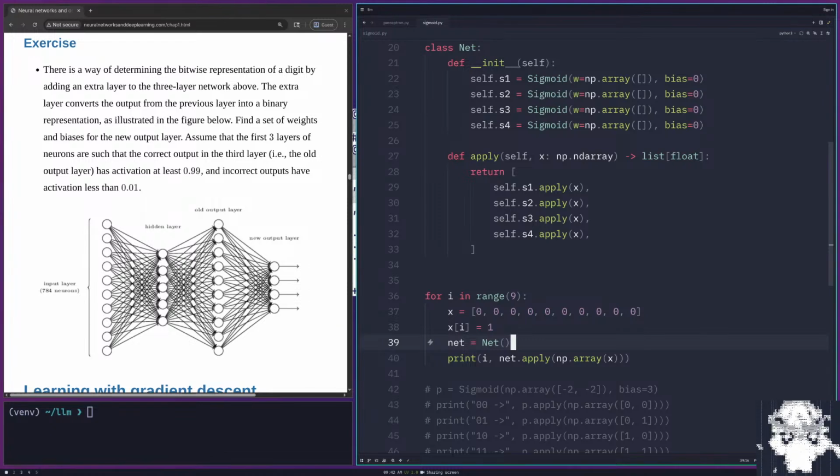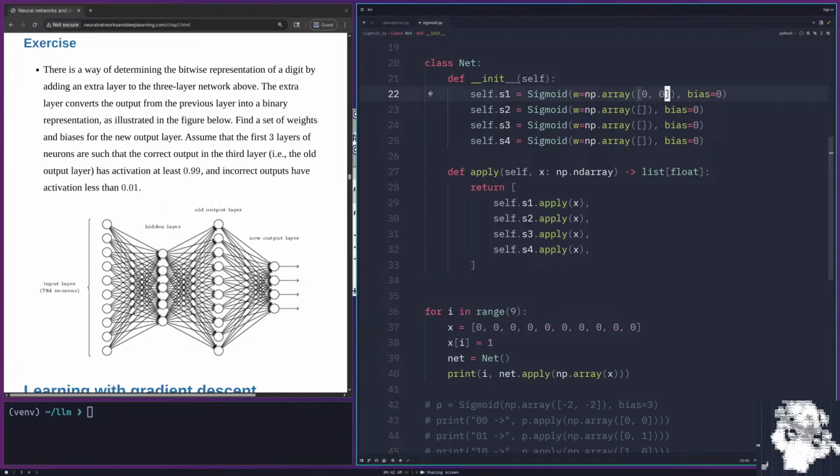Okay, so what does that do? Well, it's not gonna work. I need these to be 9 things long. 1, 2, 3, 4, 5, 6, 7, 8, 9.